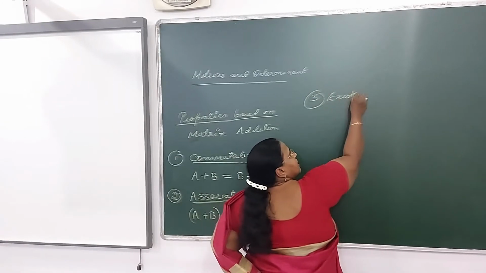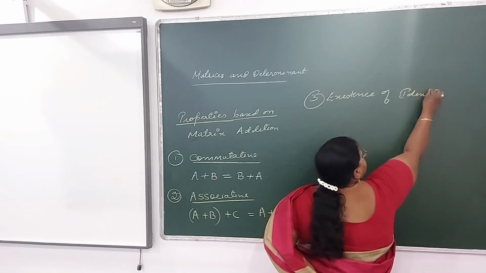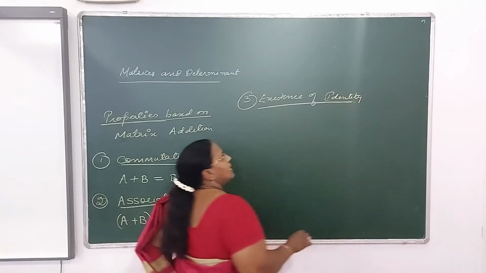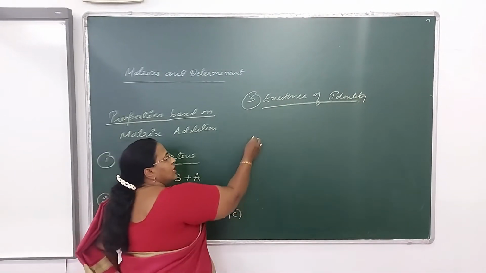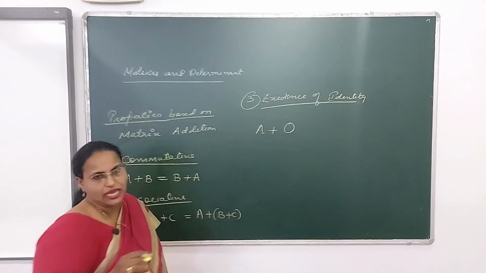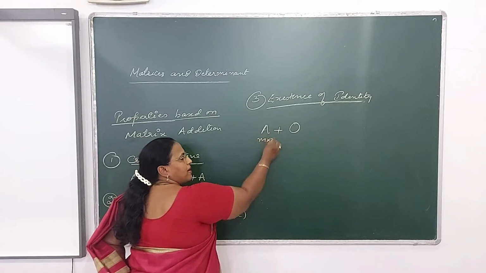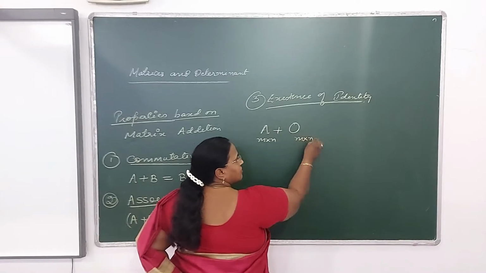Okay, moving to the next property, that is the existence of identity. Let A be a matrix of any order. Now when this matrix is added to a null matrix of the same order, like if this is a matrix of order m by n and the null matrix is of the same order, why so?